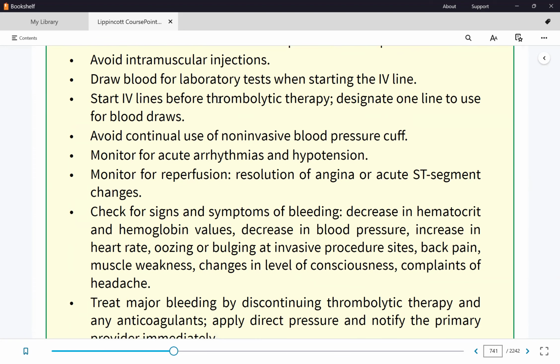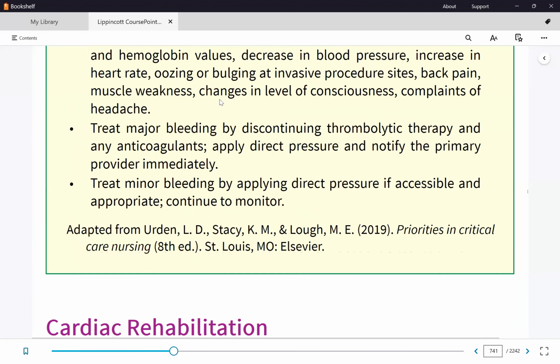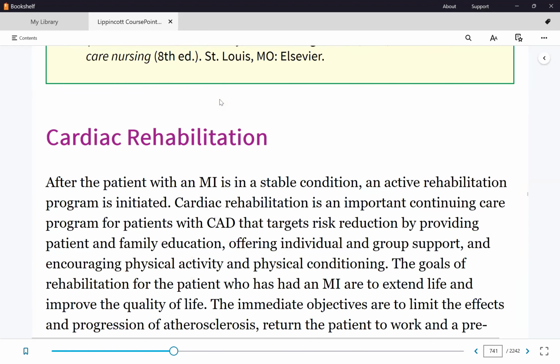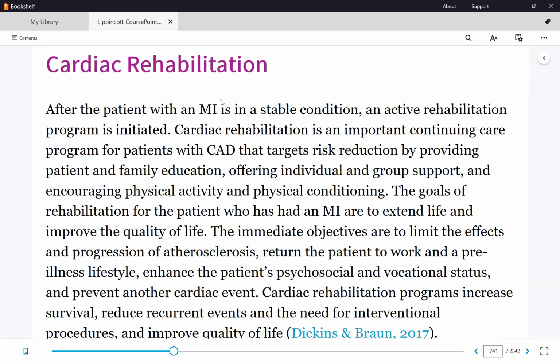Don't stick anything up the rectum or place any lines if possible. No Foleys, no NG tubes, nothing invasive. But of course, if the patient went into shock, then do we need a Foley? Of course. Let's put it this way, nothing unnecessary.